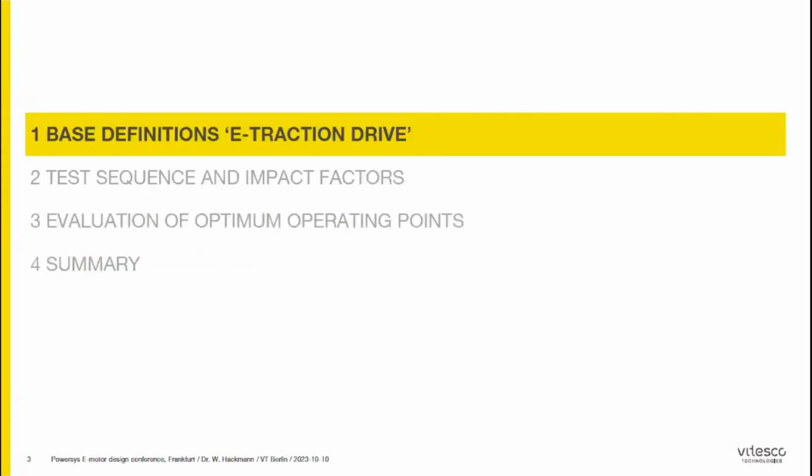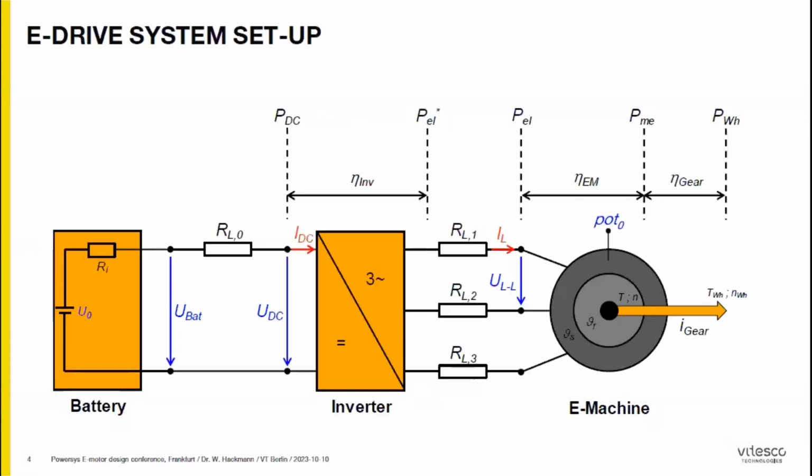Let's start with some base definitions of electrical traction drives. I have here a short system drive setup. Normally we are not driving the e-machine alone. The e-machine here on the right side is always combined with an inverter, and the inverter is controlled by a motor control software.